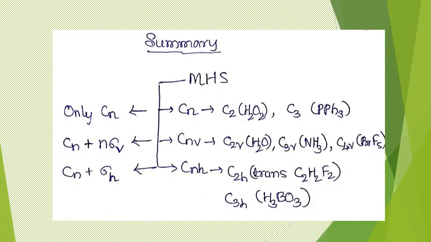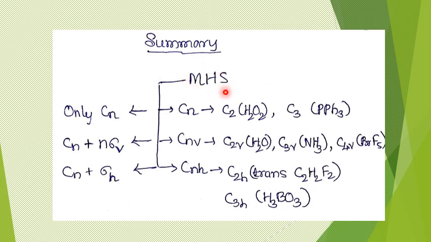Okay, now I'll briefly outline whatever has been discussed. It's very important in this case, because otherwise it ends up in confusion. So in summary, in my previous video I had taken MLS point groups, molecules with low symmetry. In this video I have started with MHS, molecules with high symmetry.